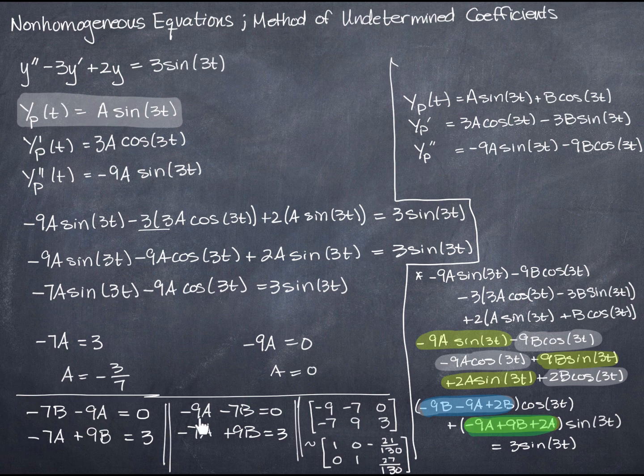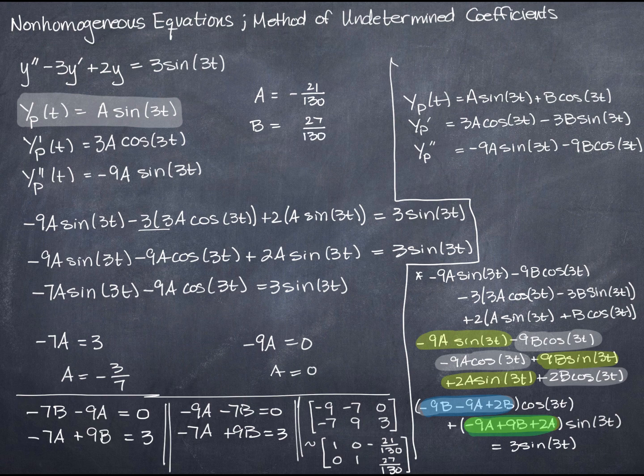When I set up a matrix using the coefficients of a, b, and the constant, I get this matrix, and when I reduce it, I get this matrix. And that tells me that a equals negative 21 over 130, and b equals 27 over 130.